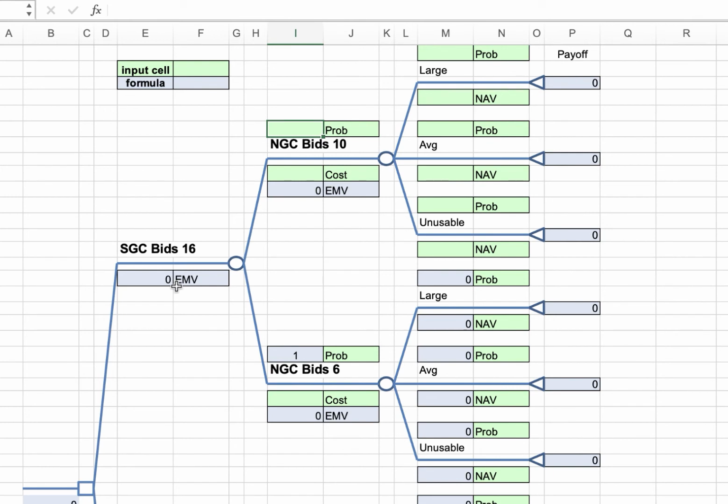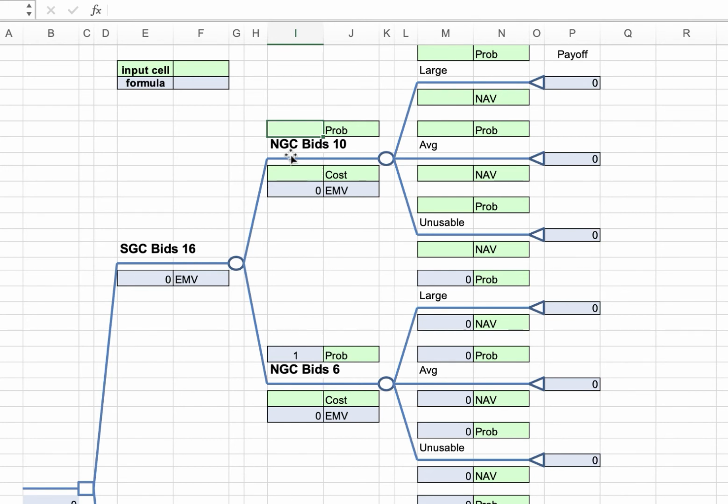So why would they bid high? Well, they have a competitor, NGC. NGC can either bid 10 million or their low bid, according to our model, is only 6 million. So if SGC bids high, they in fact are going to win the bid.